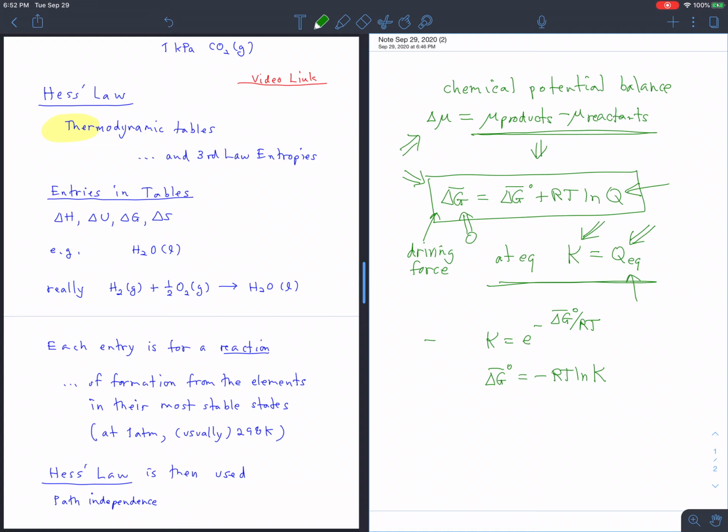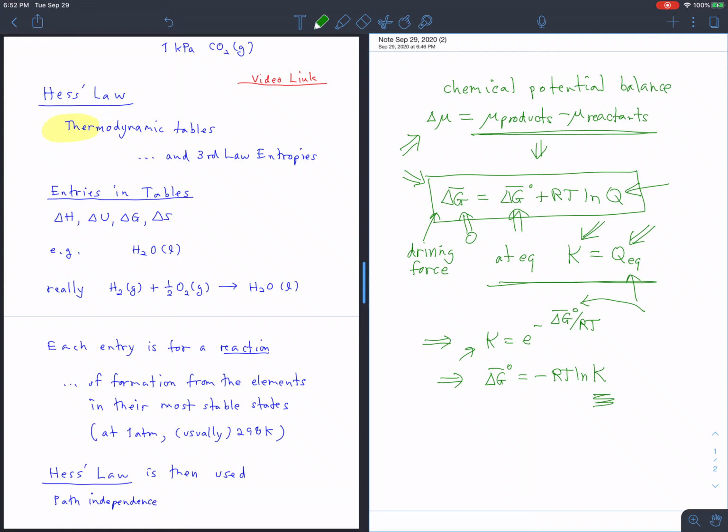We also saw earlier that the equilibrium constant is closely related to the standard state Gibbs free energy change for the reaction. That is, the Gibbs free energy change when all the reactants and all the products are in their standard state concentrations and pressures, and at the table temperatures, depending on where you got the delta G0 value. And of course, we can invert this relationship and find the standard state Gibbs free energy change by measuring equilibrium constants.